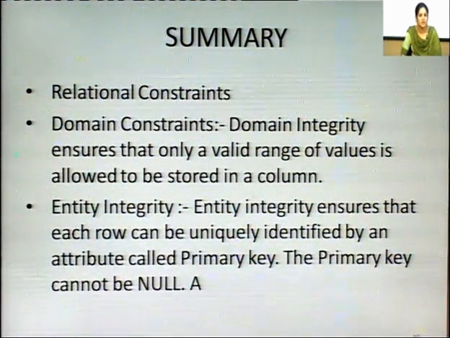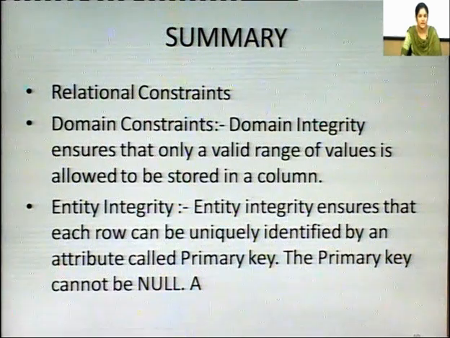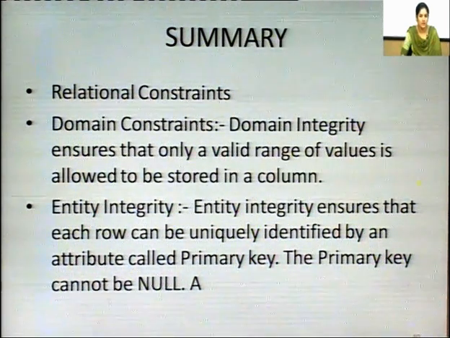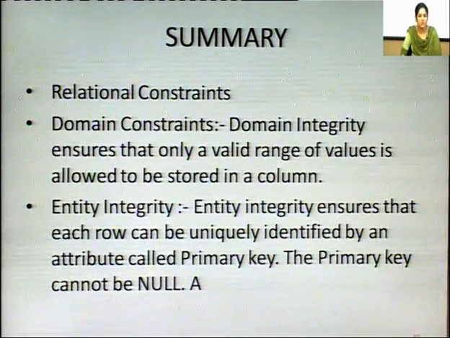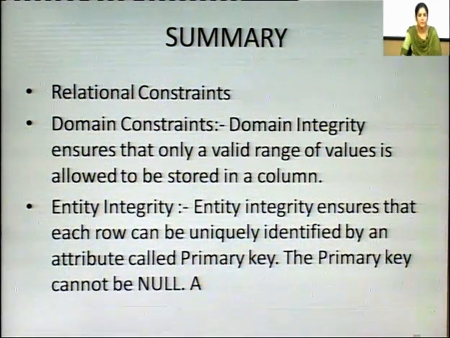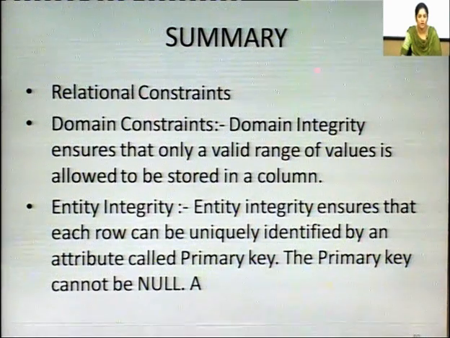Next are the relational constraints. Constraints are basically certain rules and regulations which are to be applied on the data which is stored in the database, and relational constraints are constraints which are to be applied on the relations, on the tables which store the data. There are various constraints: domain constraints, entity integrity, and referential integrity. Domain integrity ensures that only a valid range of values is allowed to be stored in a column.